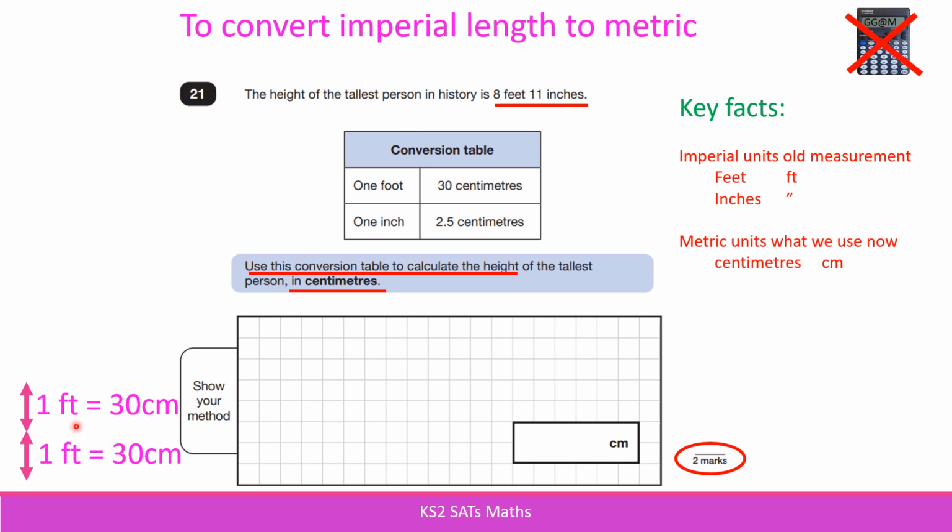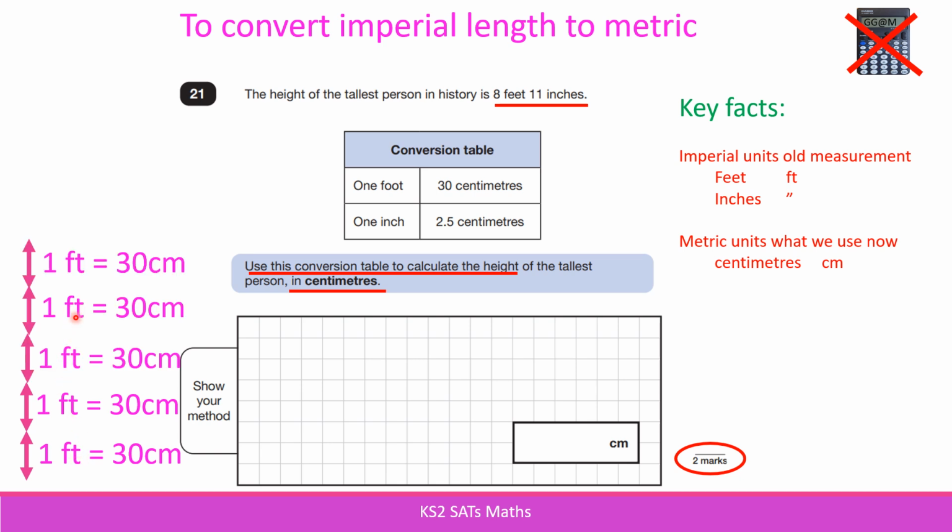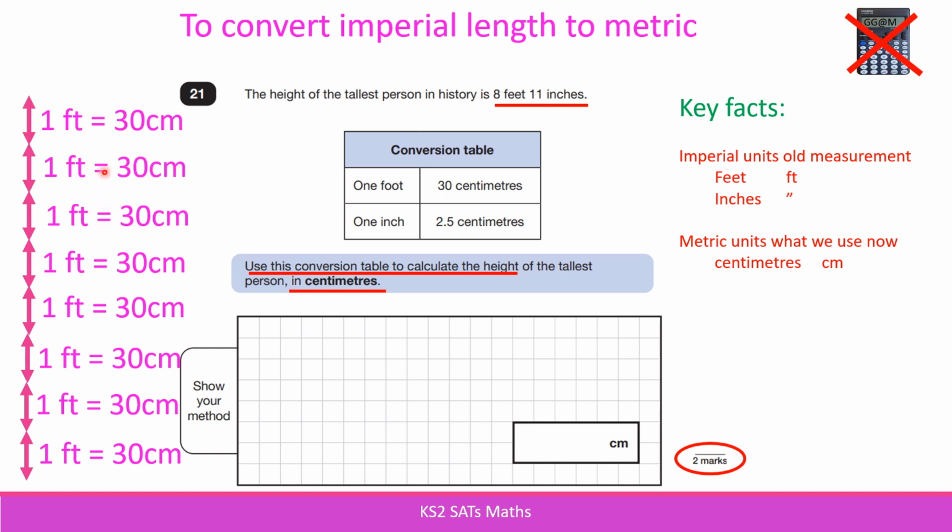So I've got 1 foot, 2 foot, 3 foot, 4 foot, 5 foot, 6 foot, 7 foot, 8 foot. So this person is 8 feet tall. So I've got 30 plus 30 plus 30 plus 30 plus 30 plus 30 plus 30 plus 30.